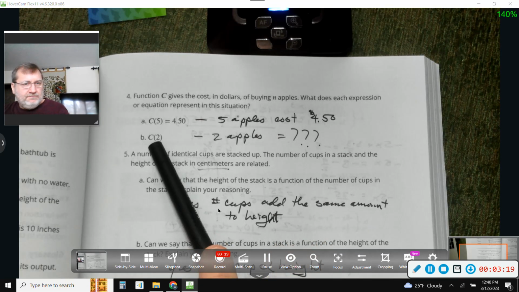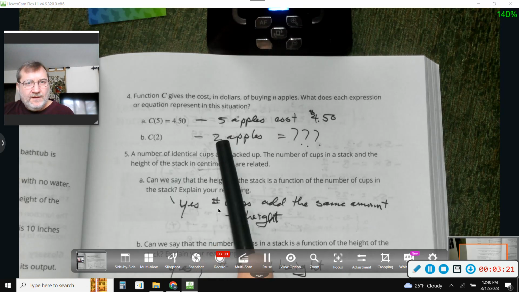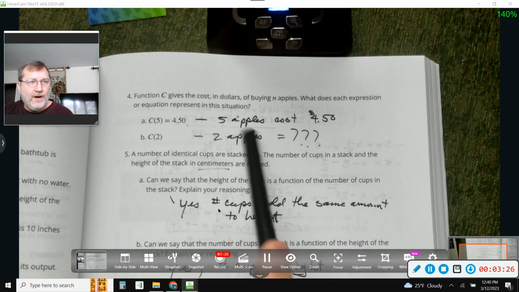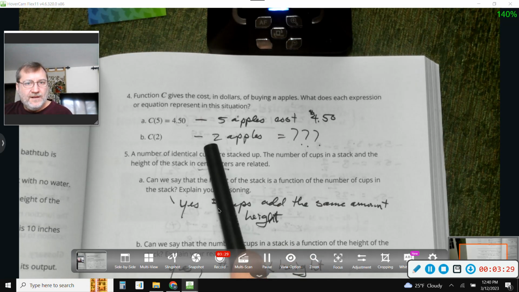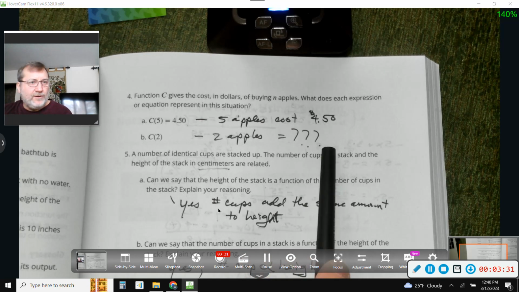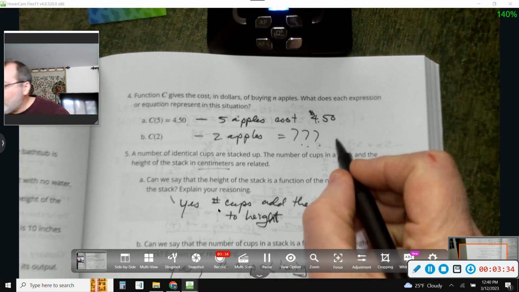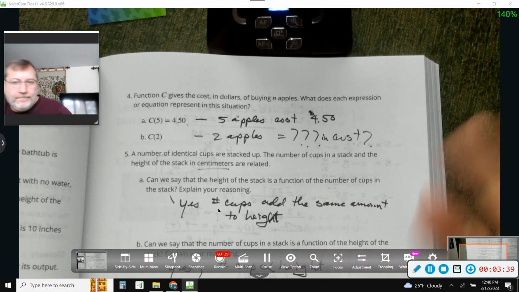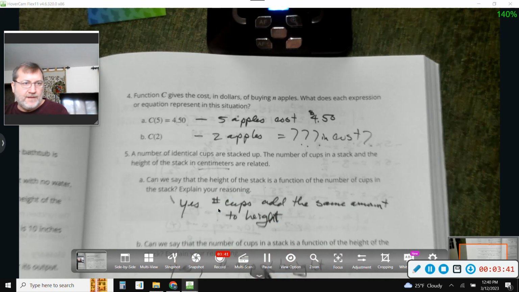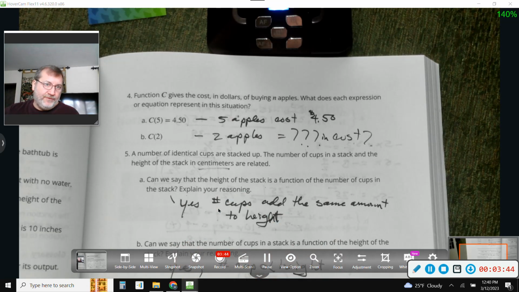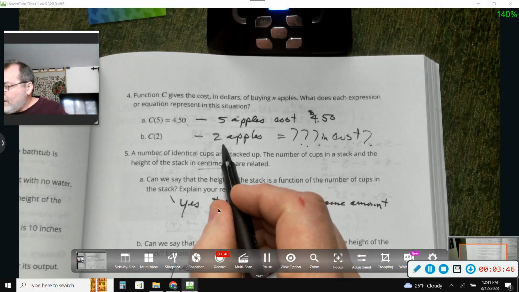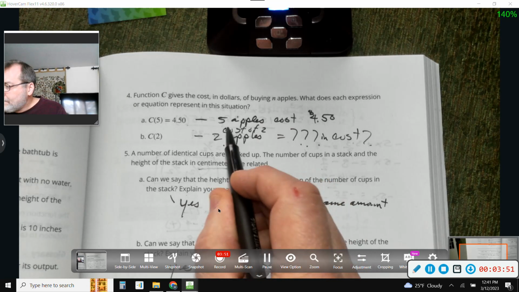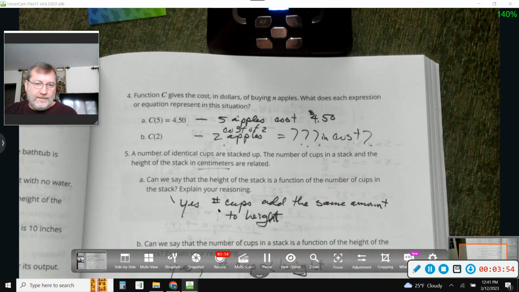C of 2 just tells me the cost of 2 apples, and it equals, I don't know how they're pricing this, it's kind of blank here. I don't have much information. It's the cost of 2 apples is essentially what it is. So you can think of it that way too, however you want to think of it.